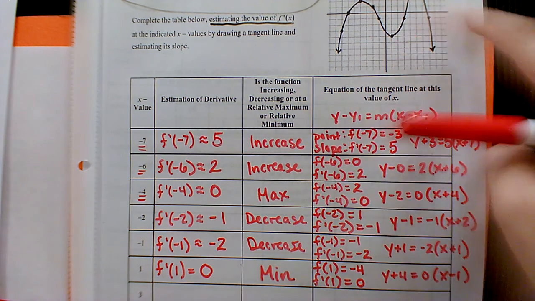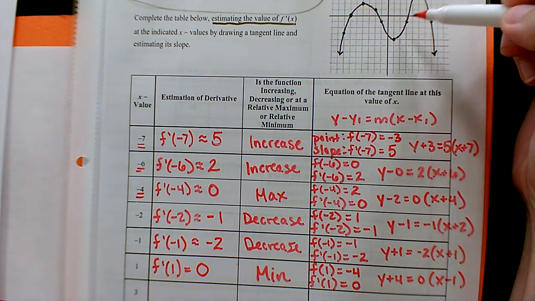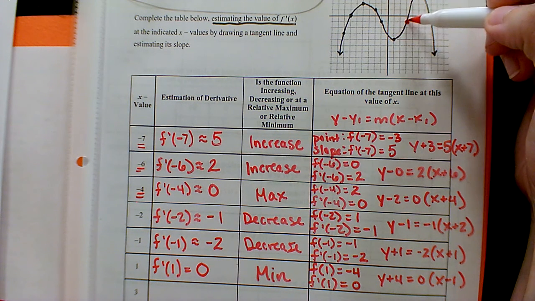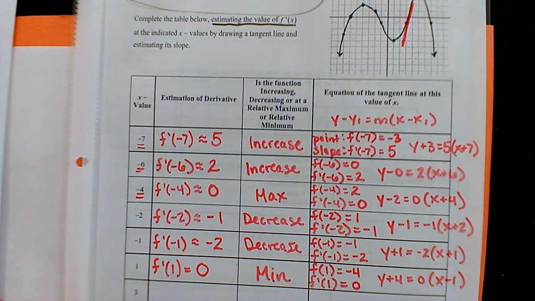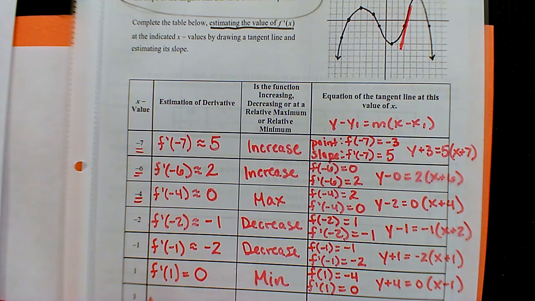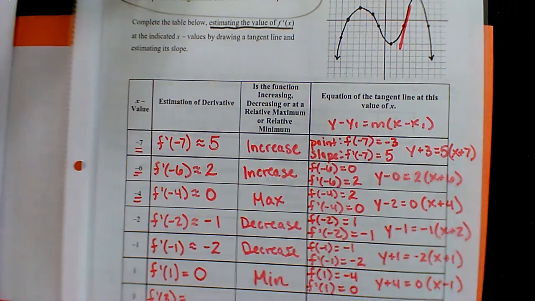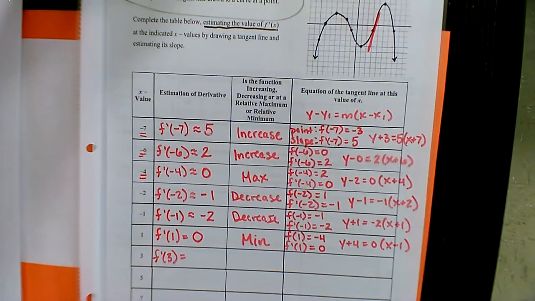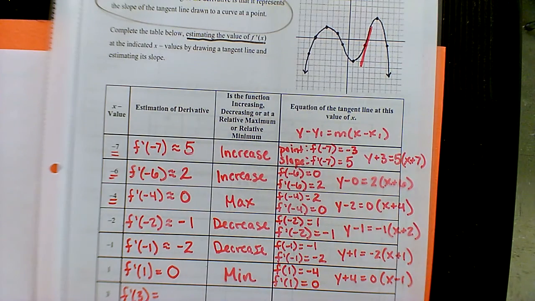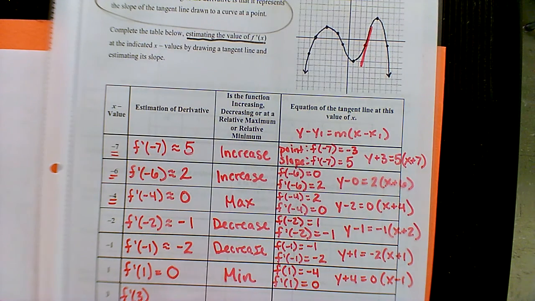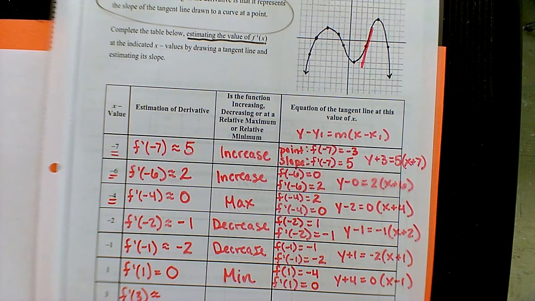Okay. Let's check out our next point, x location of 3. Try your best to draw a tangent line. Roughly, what is that slope about?